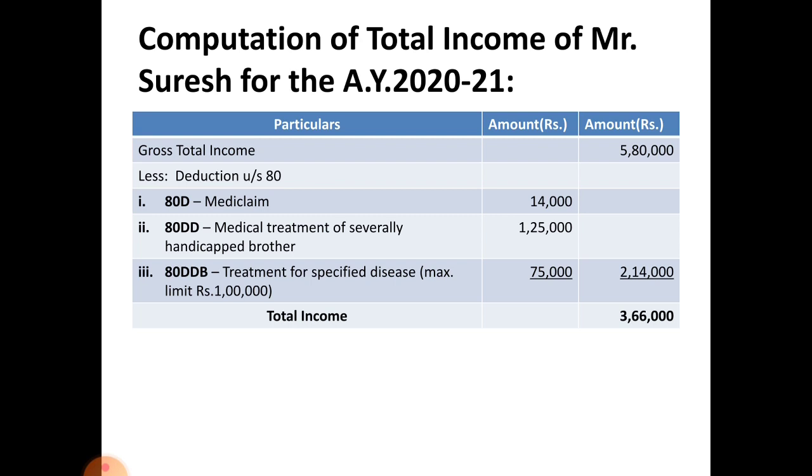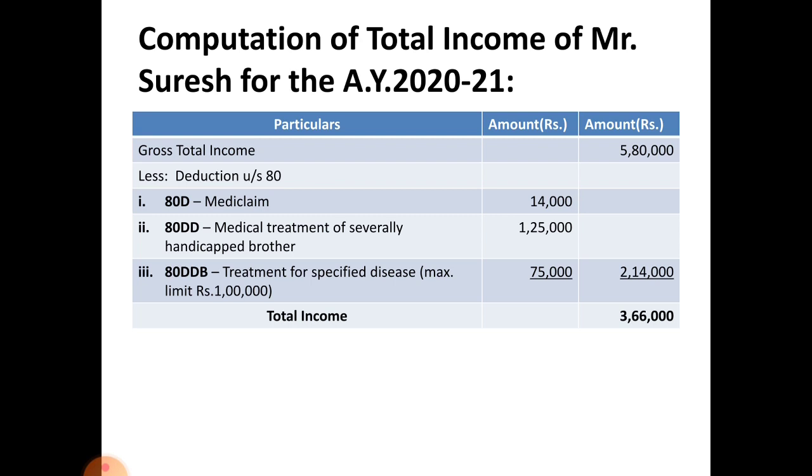Gross total income 5,80,000 less deduction under section 80, under that 80D Mediclaim 14,000, section 80DD medical treatment of severely handicapped brother 1,25,000, and 80DDB treatment for specified disease.